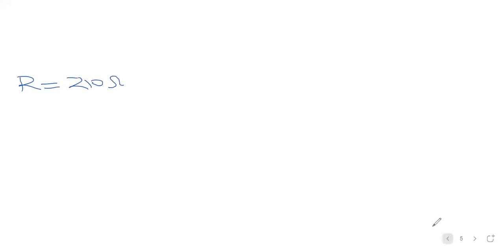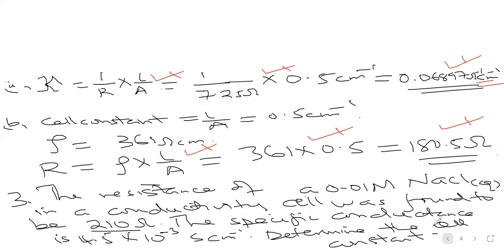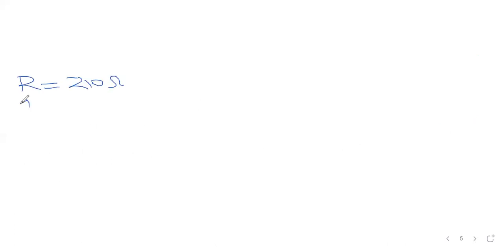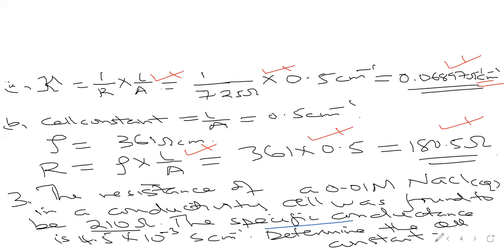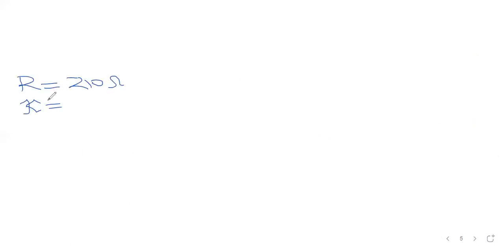We are also given specific conductance, which is electrolytic conductivity, as 4.5 exponent negative 3 Siemens per centimeter. They're asking us to get the cell constant using this information.